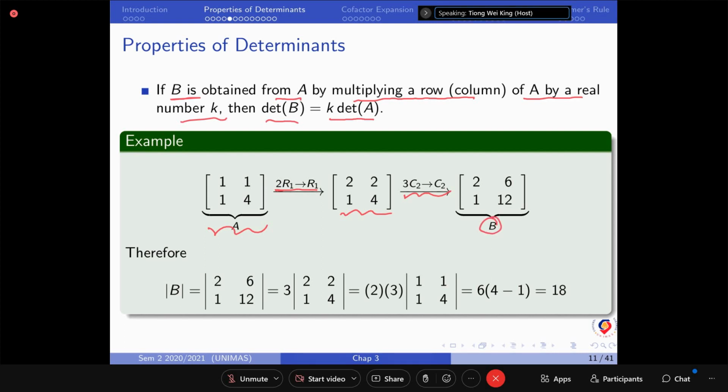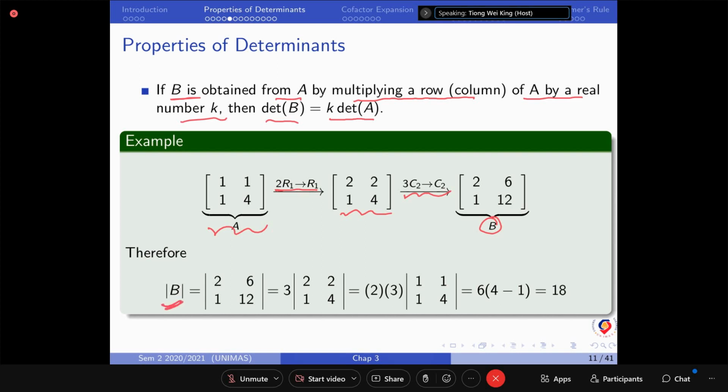To calculate the determinant for matrix B, it works the other way around. It works like a factorization, but it's not like scalar multiplication.